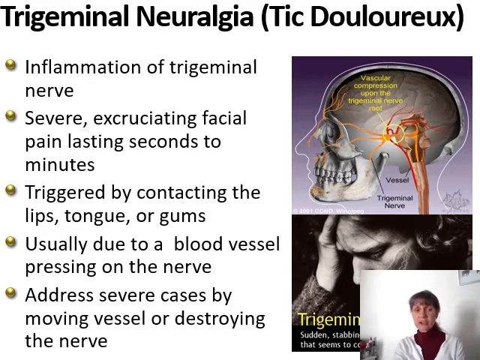It can be triggered by contact with the lips, tongue, gums, usually due to a blood vessel pressing on the nerve, and they often address severe cases by either moving the vessel or destroying the nerve altogether.